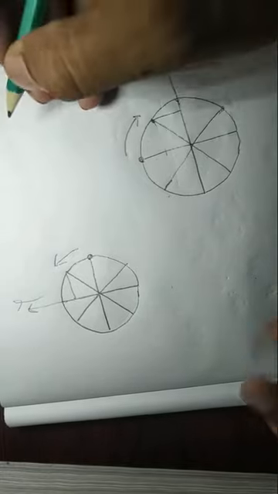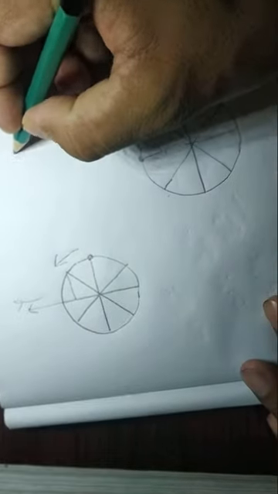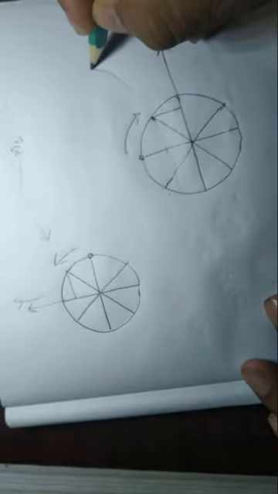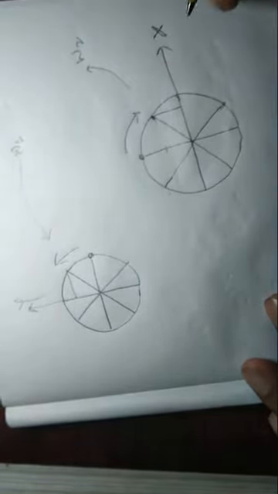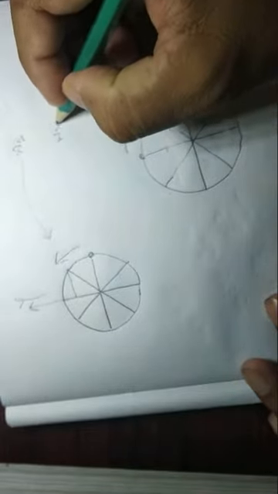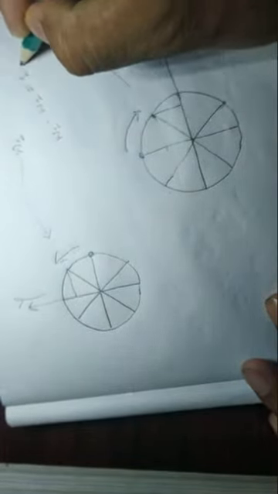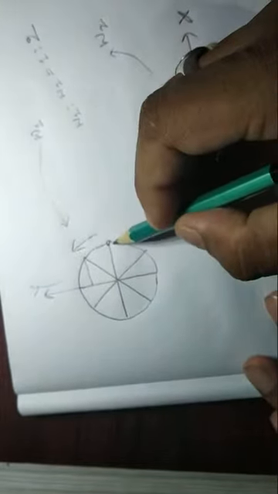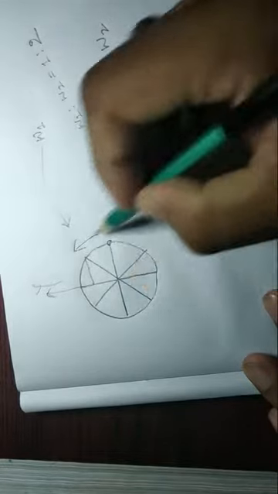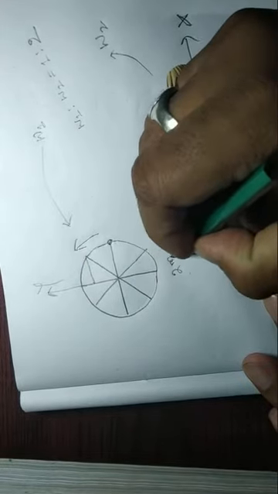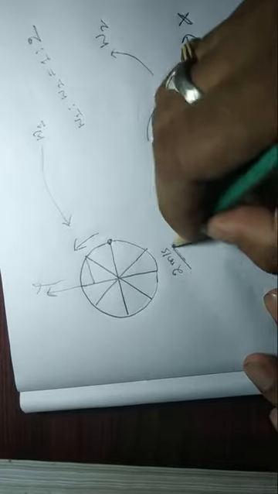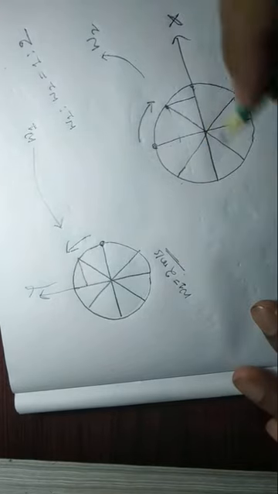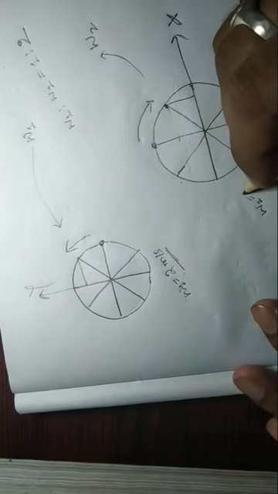Now we are trying to understand that the angular velocity omega 1 of this oscillation and omega 2 of the other have the ratio 1:2. Suppose this particle is moving on the circumference with angular velocity 2, then the angular velocity omega 2 is 4.